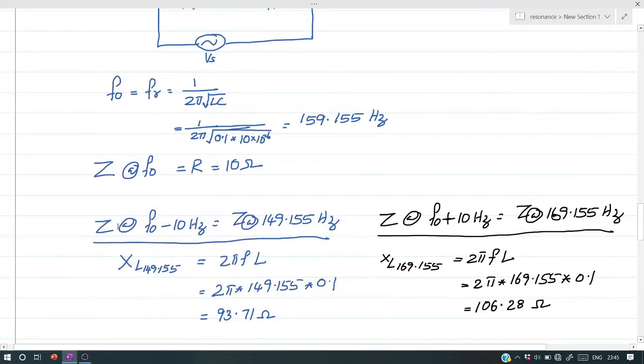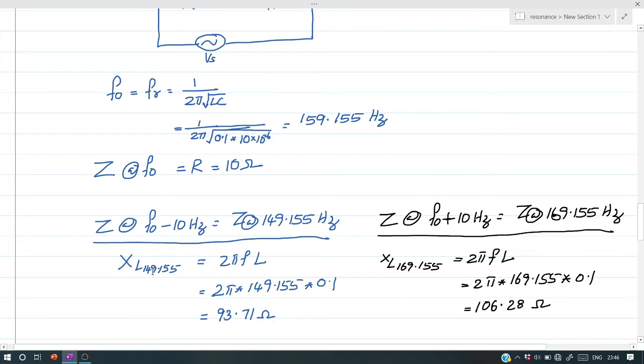Now, let's see the impedance just before resonance frequency. Let's consider 10 Hertz before the resonance frequency, that is impedance at 149.155 Hertz. We know XL is equal to omega L, that is 2 pi FL. Substituting the value of L and F like this, we can obtain inductive reactance at 149.155 Hertz, just before resonance frequency, as 93.71 ohm.